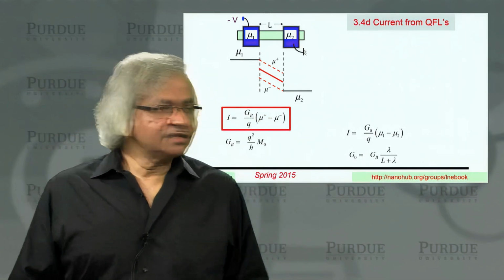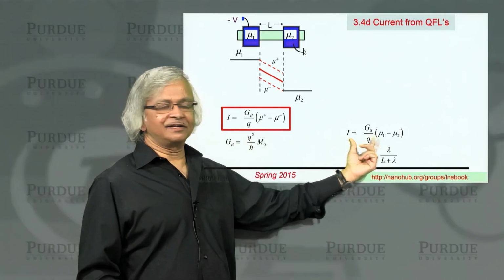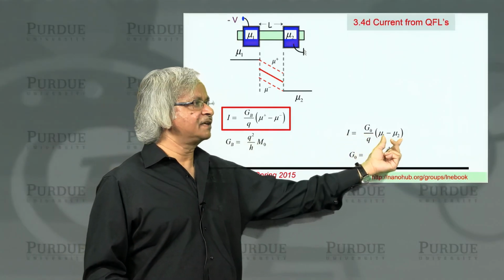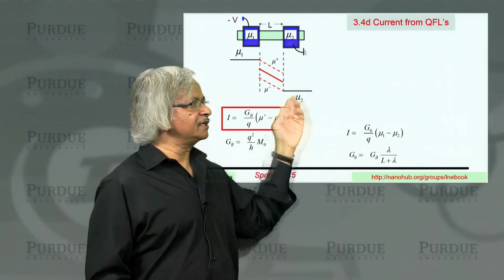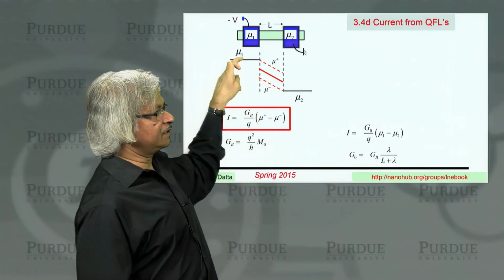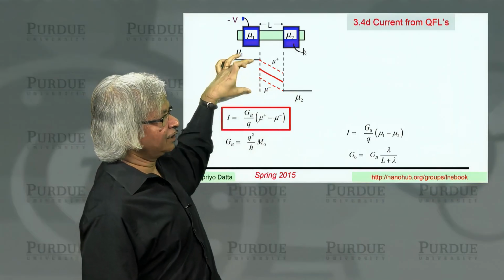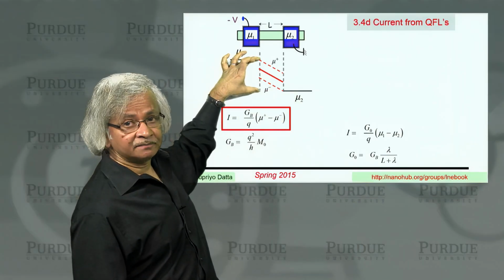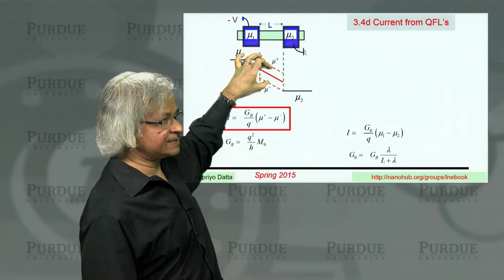And at any point, the current is related to the separation by this relation. Now, how does this go with the conductance? You see, usually what we write is current is conductance times mu1 minus mu2. And this mu1 minus mu2 is, of course, the separation between the two contacts. Note that the contacts are separated by that much, but the quasi-Fermi levels are separated by an amount that is less.